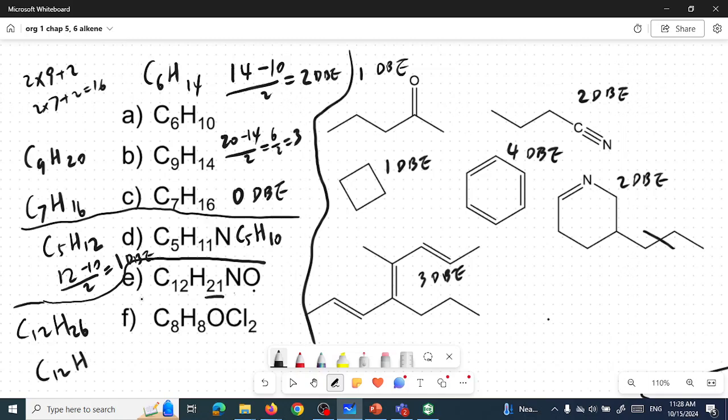The effective number of hydrogen is 21 minus 1 because of the nitrogen. And oxygen does not affect anything. You don't have to count it. So it's going to be H20. The difference is 26 minus 20, and don't forget to divide by 2, you're going to get 3 DBE. And that's for E.